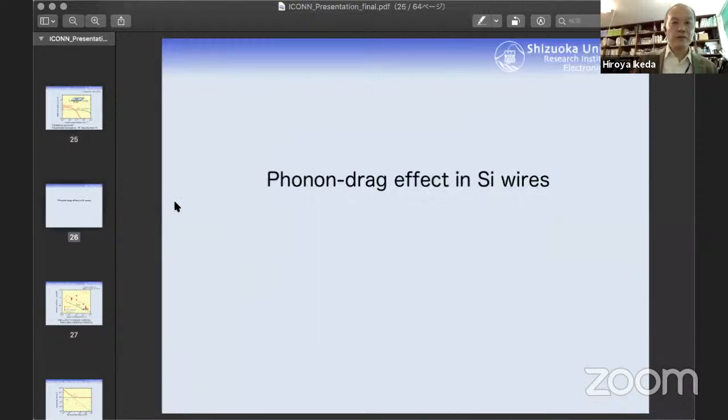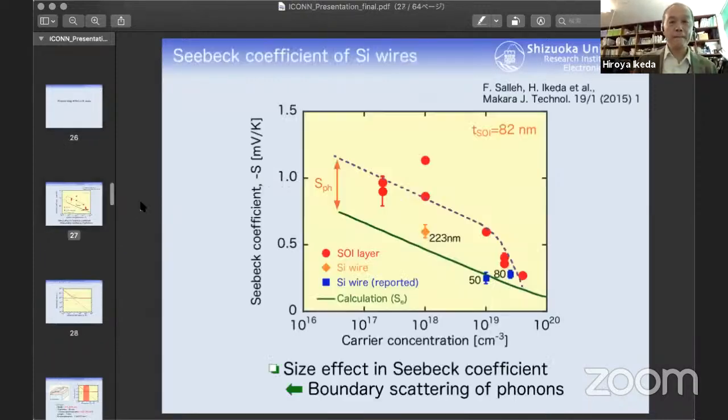Okay, let's go to the phonon drag effect in the silicon wires. Here, I show the silicon wire. Its thickness is 80 nanometers, and the width is 200 nanometers. In this case, the Seebeck coefficient is decreased compared with the ultra-thin SOI layer.